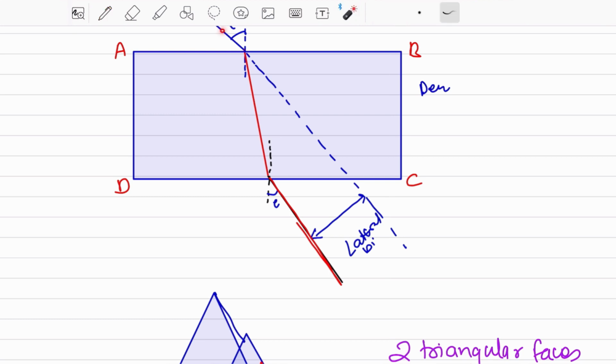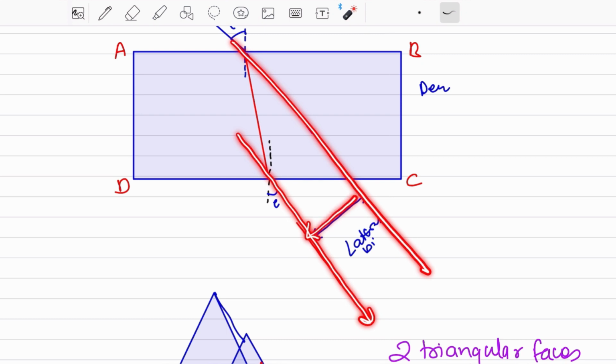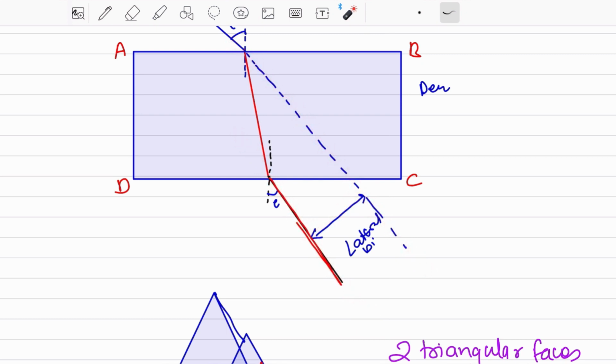If you see the original path of the incident ray and the new path of the emergent ray, they are at the same angle, so there is no angular deviation or angular displacement. There is lateral displacement. मतलब जा उसी रास्ते पर रही है बट थोड़ा सा साइड होकर, ठीक है? It is going with the same angle only but on a different path.